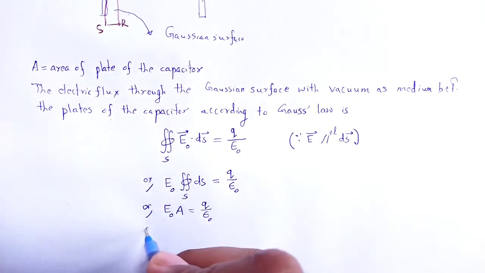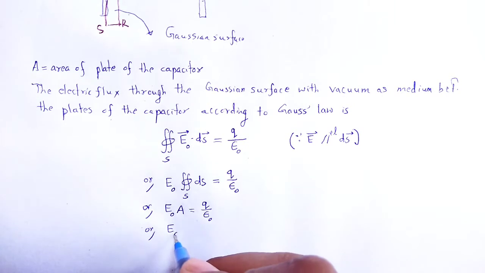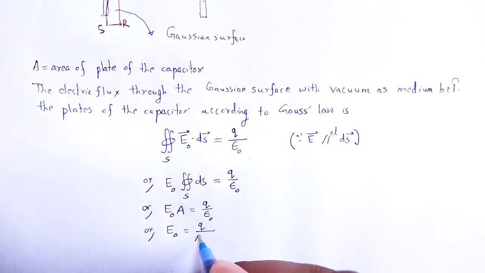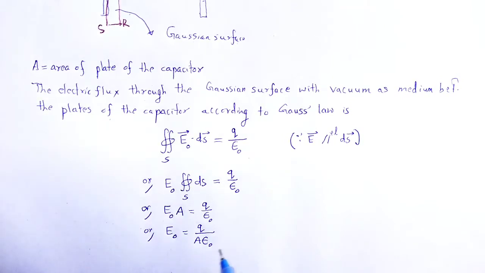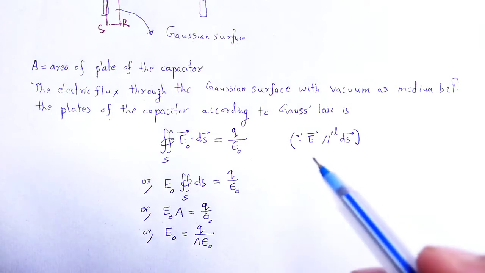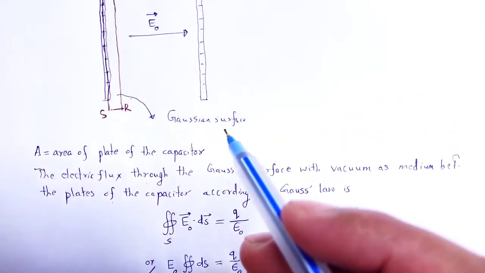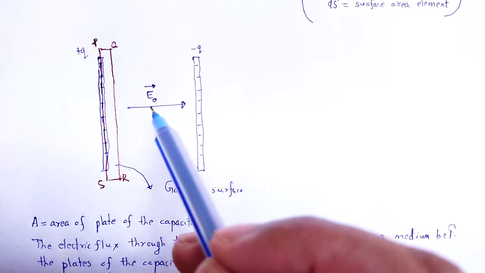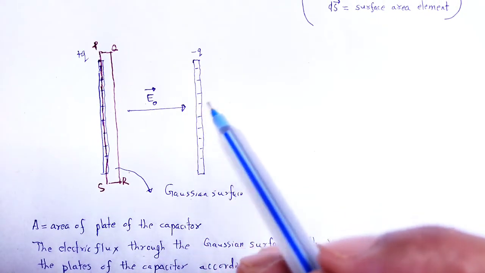Now, E naught is equal to q divided by A epsilon naught. Here we applied Gauss's law between the plates of the capacitor when the medium is air or vacuum.